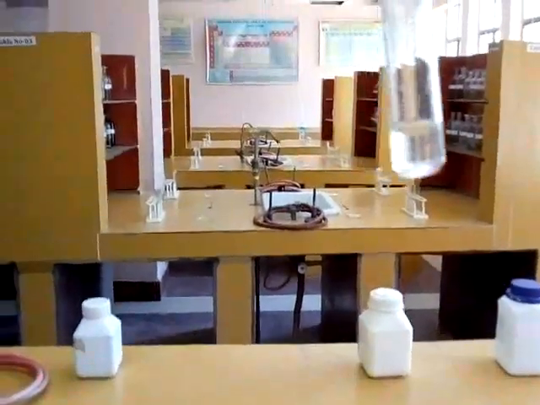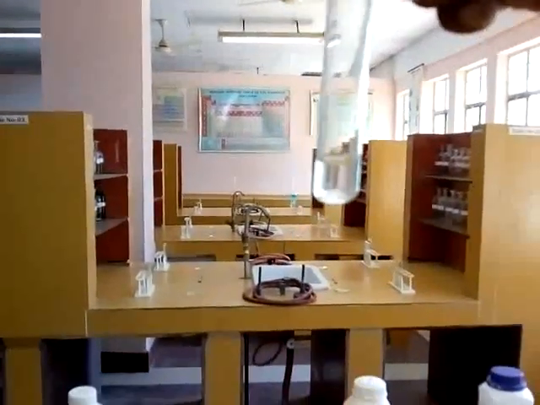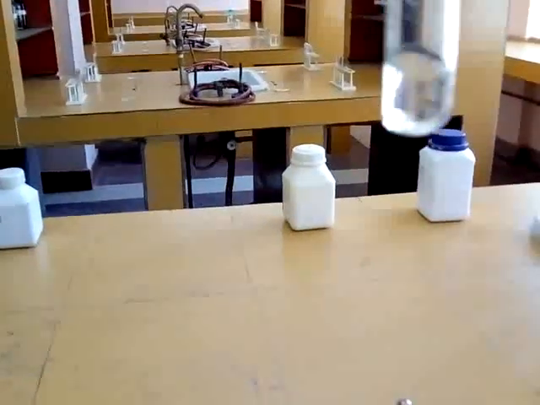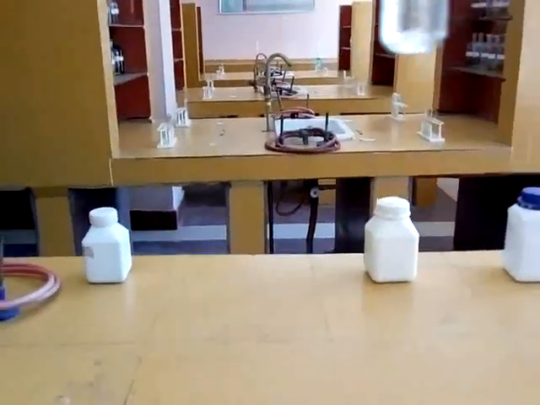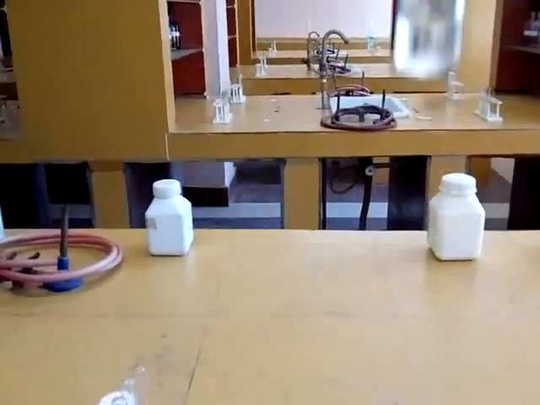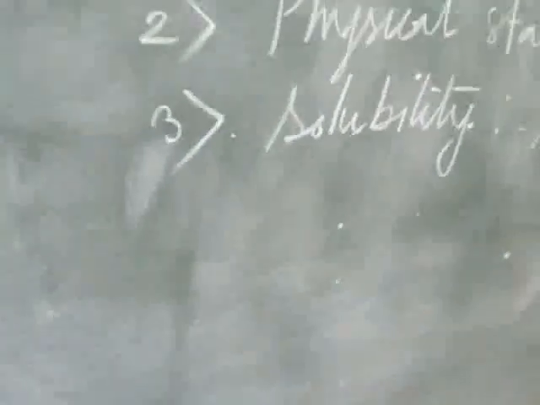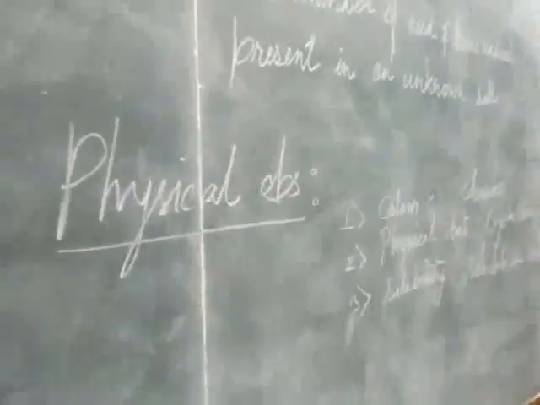Now you see the solution becomes transparent. It is very clear and very transparent. So it is soluble in water. Here you write, solubility, soluble in water. Okay, physical observation is completed.